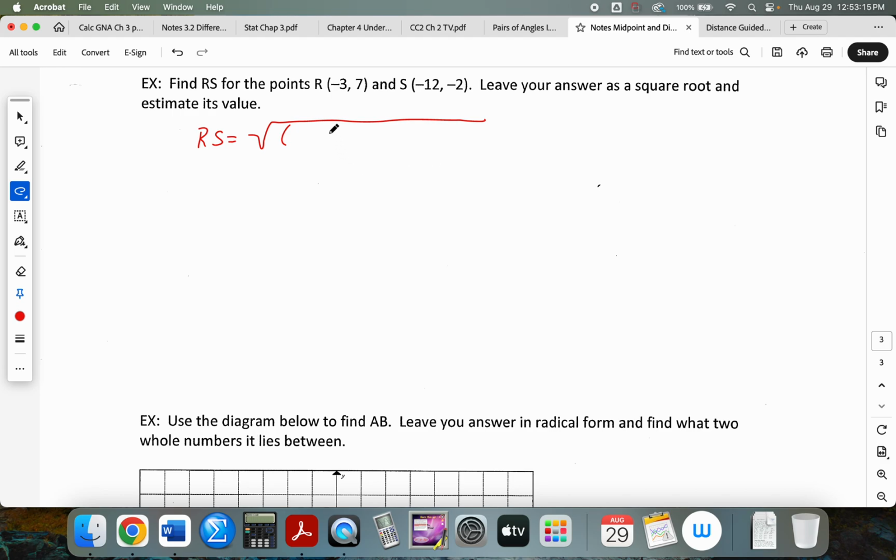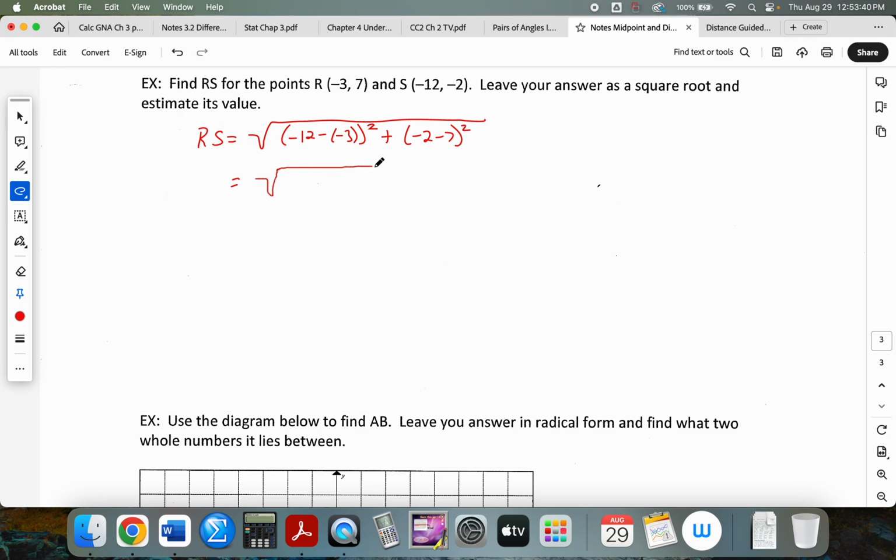You're just going to subtract. So I'm going to do negative 12 minus negative 3. If you did it in the opposite order, it's still going to work out. Plus negative 2 minus 7 squared. So now I have substituted into the distance formula.